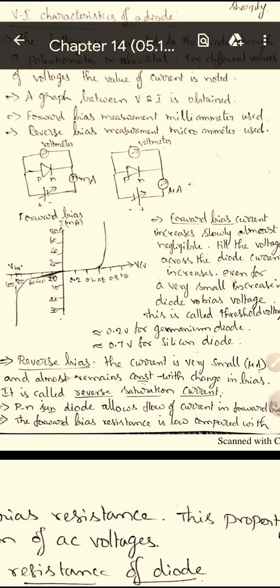This property is used for the rectification of AC voltages, that is, the diode conducts only in forward bias and does not allow current to flow in reverse bias.